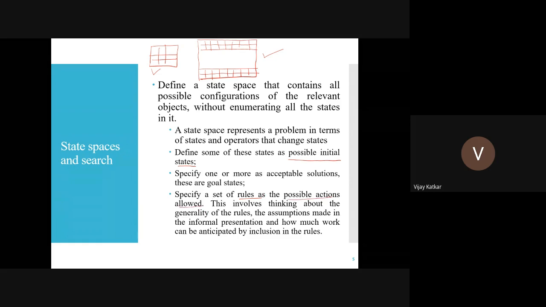This involves thinking about the generality of the rule, assumptions made in the informal presentation, and so on. So you define the initial state, you define the acceptable final states, and then you define the rules by which you can move from the initial state to the next state.